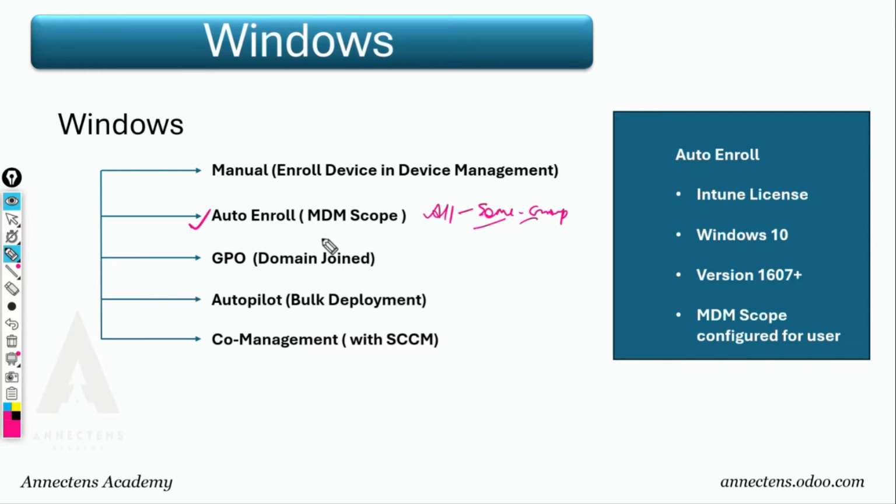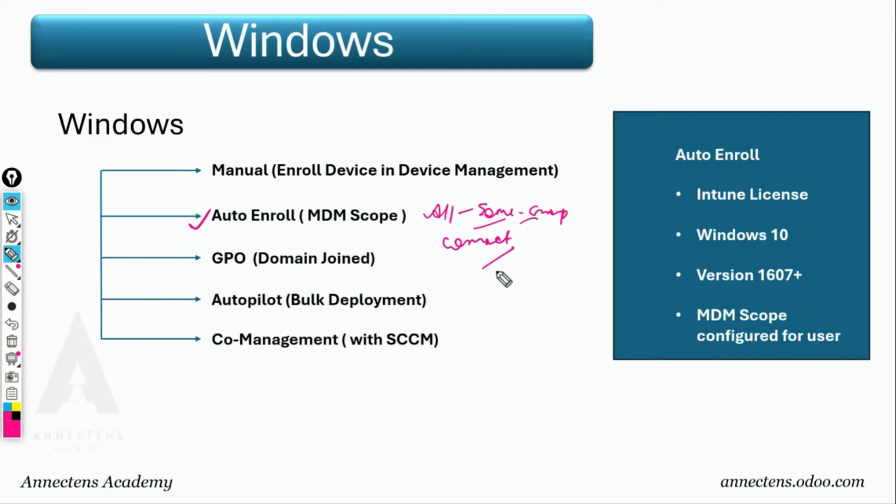The reason for having auto enrollment set is that once we have the MDM scope defined, when users click on the connect button, behind the scenes the device will automatically be configured. There is a huge lengthy process.